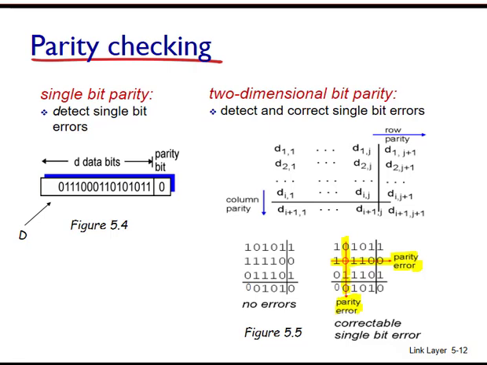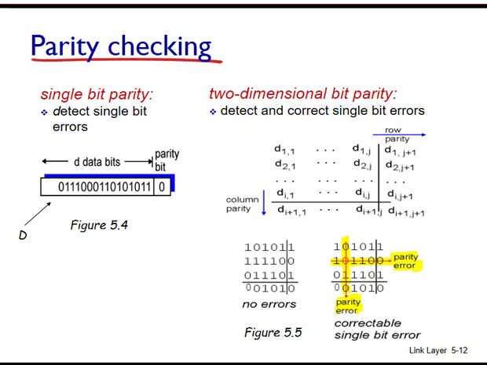Under burst error conditions, the probability of undetected errors in a frame protected by a single parity bit can be much higher than acceptable. Obviously, a better error detection scheme is needed. Figure 5.5 shows a two-dimensional generalization of the single bit parity scheme.